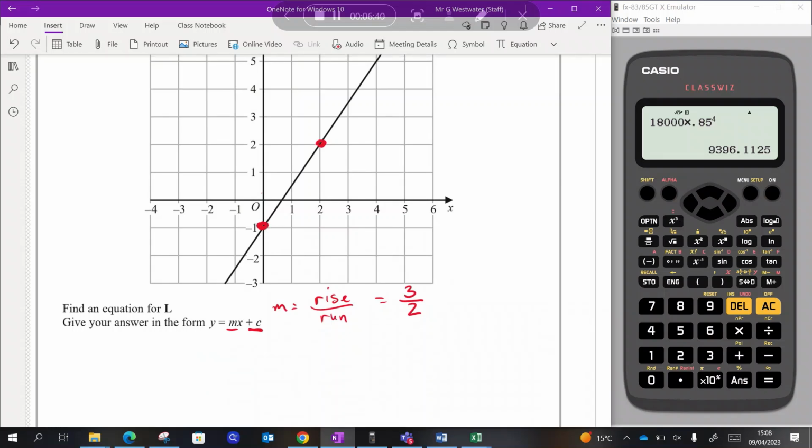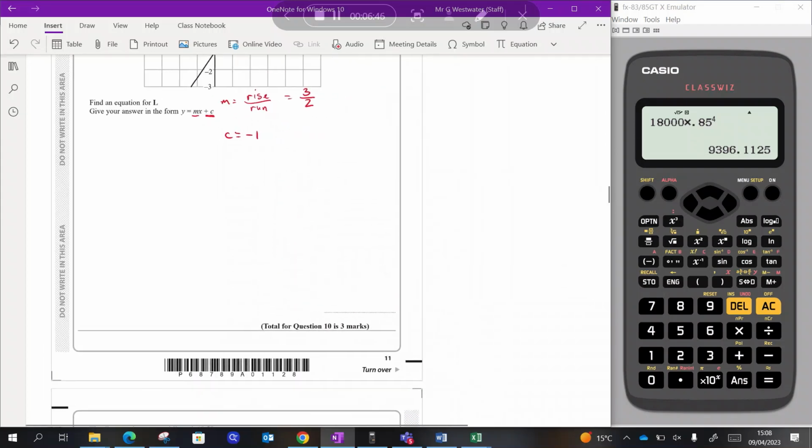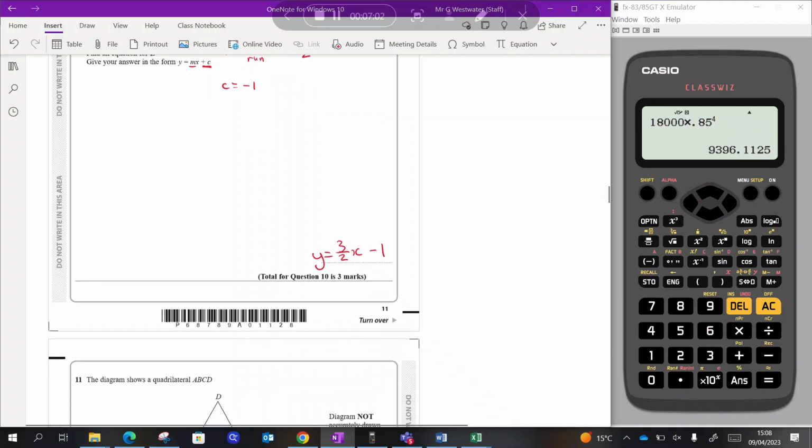Now this is passing through at minus 1, so c has to equal minus 1. So the equation of this line, I guess, is y equals 3 over 2x minus 1. Okay, m is 3 over 2, c is minus 1. But you could leave this as 1.5x as well if you wanted to. Okay.